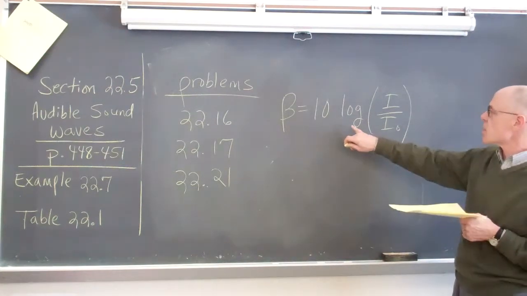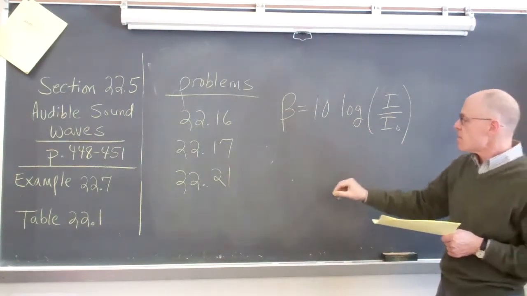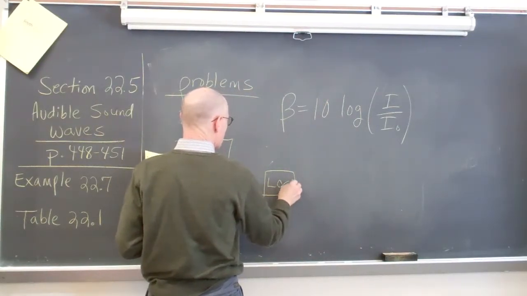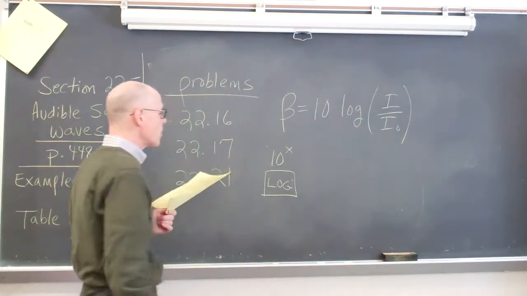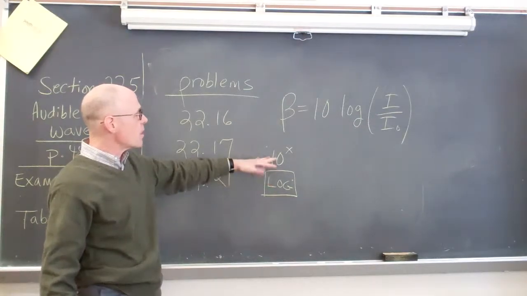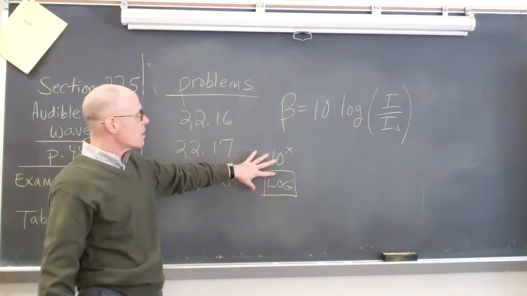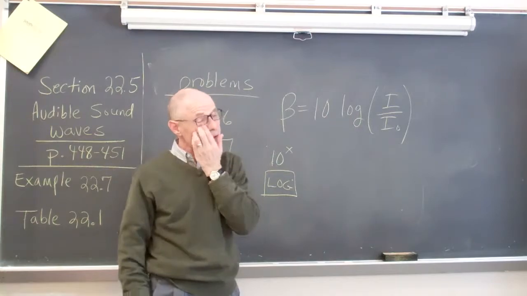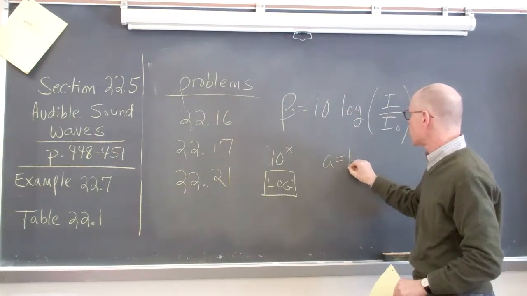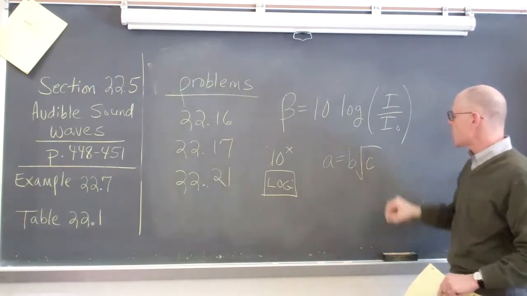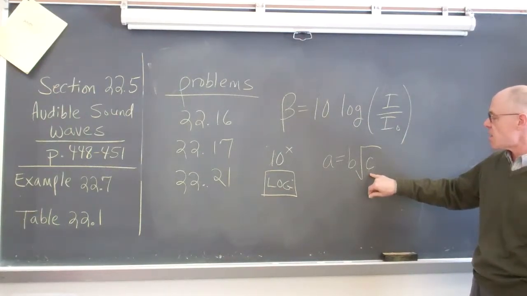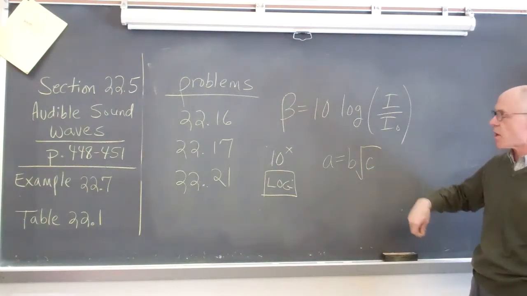One of the hints is that you remember we said on your calculator you'll see a log button, and right above it there should be a shift function 10 to the x. And these are inverse functions. So for instance, if you have an equation like a equals b times the square root of c, and you were asked to solve for c, you have to find some way to get rid of the square root sign.